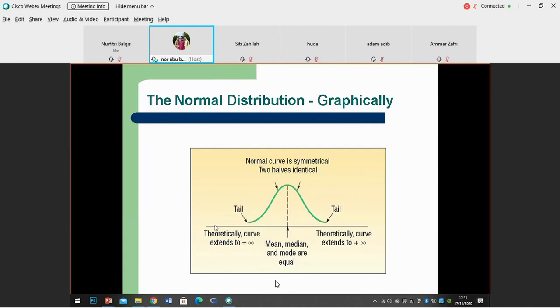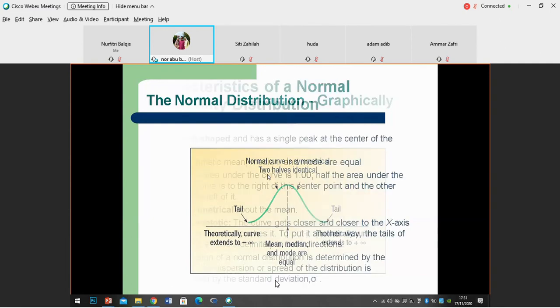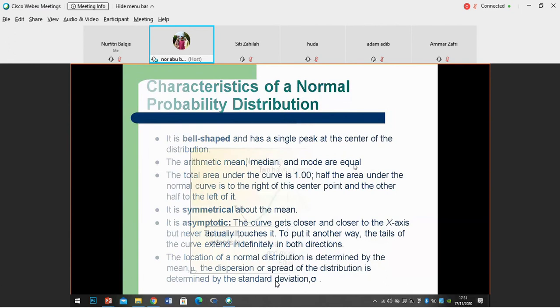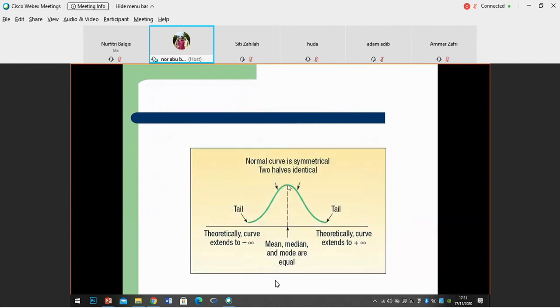Okay, and this is what is meant by normal distribution graphically. Tadi kan bagi tahu bell shape, symmetric with mirror image. Jadi mirror tu kat tengah. And it also says what else? Mean, median, mode are equal. Mode dekat sini kan, kat tengah, sebab yang paling tinggi frekuensi. Median is in the middle, of course.